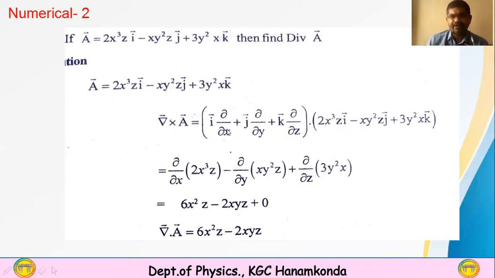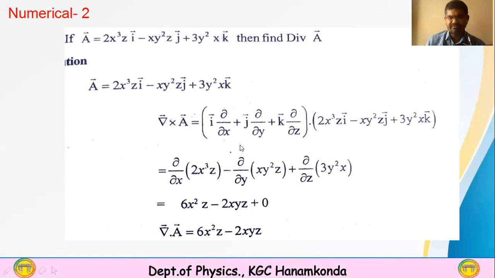So del is i ∂/∂x plus j ∂/∂y plus k ∂/∂z dot 2x cube z i minus xy square z j plus 3y square x k. And again, you perform the dot product here. i dot i is 1, ∂/∂x of 2x cube z, minus j dot j is 1, ∂/∂y of xy square z, plus k dot k is 1, ∂/∂z of 3y square x.